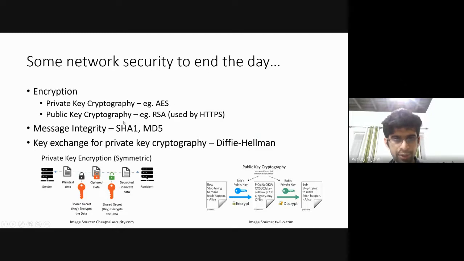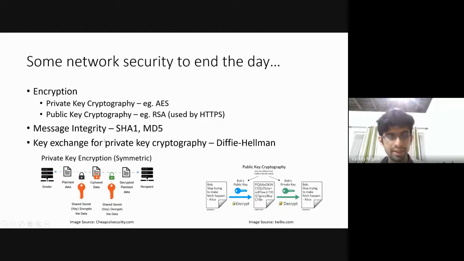In public key cryptography, encryption is done by one public key, which is available to both parties, but decryption is done by a private key, which is available only to one particular party, which is Bob in this case.